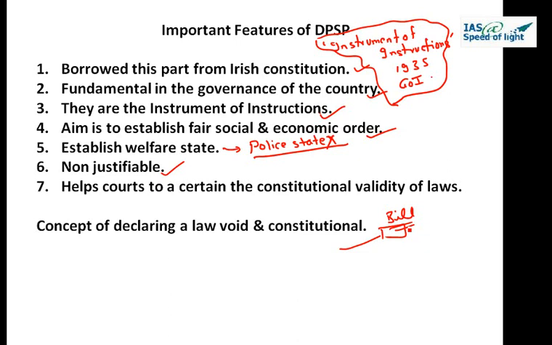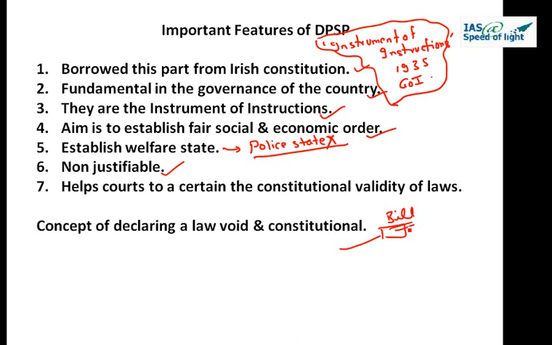But the same doesn't hold true for the directive principles of state policy. The court cannot hold any bill or any law unconstitutional based on the directive principles of state policy. But the other way around, if they have to ascertain the constitutional validity of a law, they can use the directive principles of state policy, and they can hold that law valid if it implements certain directive principles of state policy.